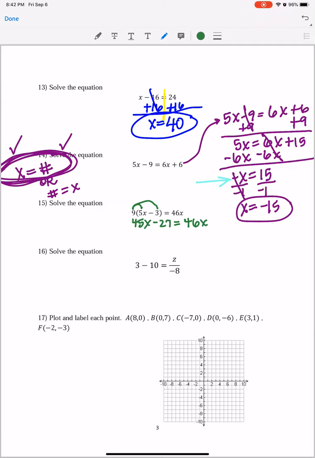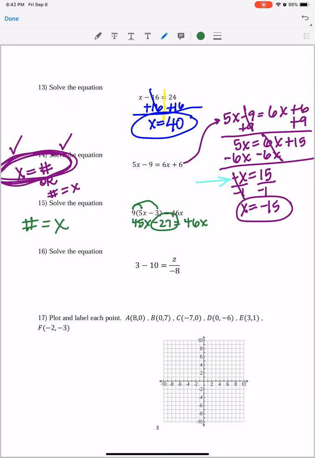Remember, the goal here is to get either x on one side and your number on the other side, or your number on one side and x on the other side. Either way, you need your variables opposite. Because I already have my number right here, we need to go for this layout again.